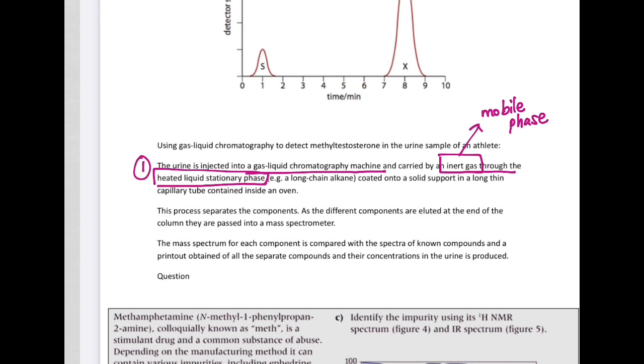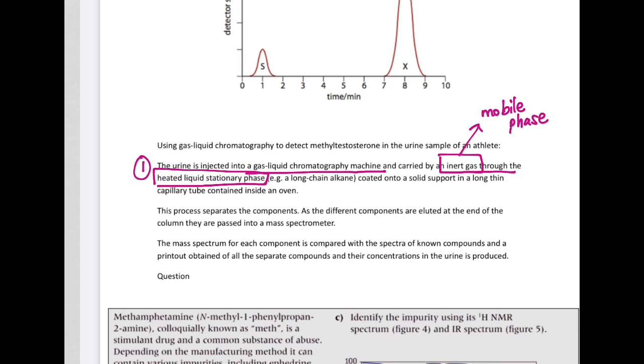It is called a gas liquid chromatography machine because the gas is the mobile phase, and the liquid is the stationary phase. The stationary phase is coated on a solid support in a long, thin capillary tube. Normally, the longer the capillary tube, the better the separation.